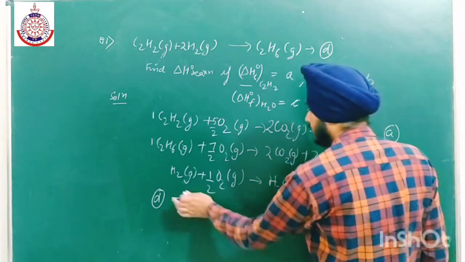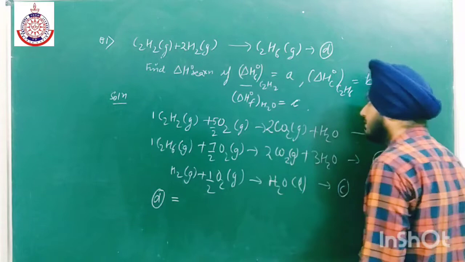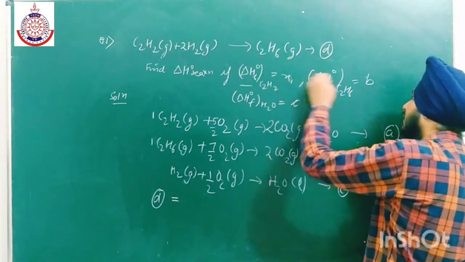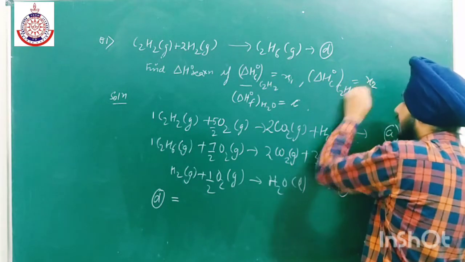Sorry, I am taking the delta values as x1, x2 and x3.